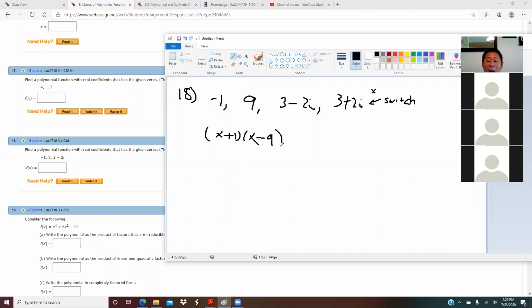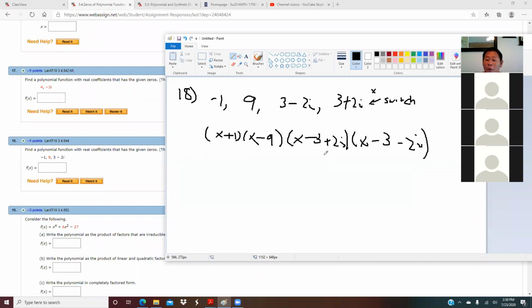Now for the i terms, you switch both of the signs. So your 3 is positive, becomes negative. Your 2i is negative, becomes positive. And then you do the same thing for the other one. So 3 becomes negative because it's positive, and 2i here is also negative. So this is how you put this in factor form.